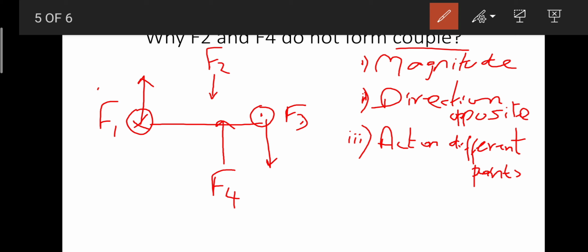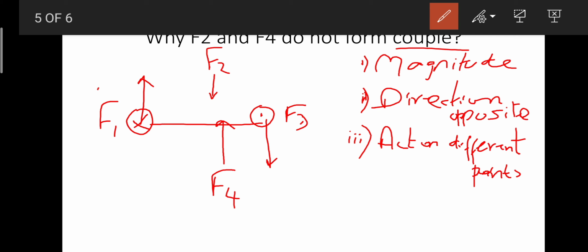Rather, they will try to compress the coil, as mentioned in your book. Since the magnitude of both forces is equal and the directions opposite, they will not be successful, and ultimately the spring, not the coil, is not going to be compressed, but they will try to do so.